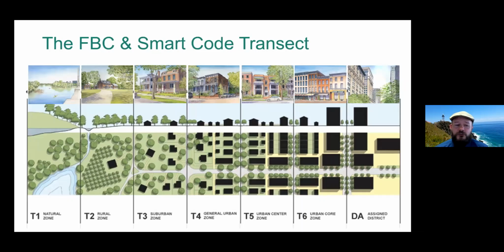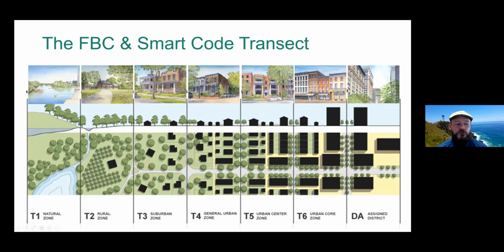So form-based code and the SmartCode transect really start to create a systematic way to discuss what that transect is and how to build communities from the natural zone all the way to the urban core and even special districts.